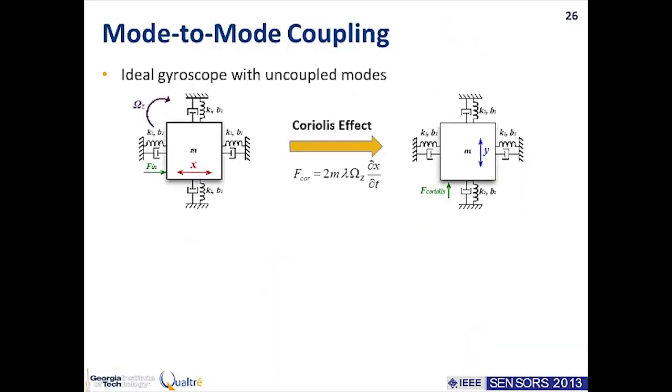Now, another source of error is what I define here as mode-to-mode coupling errors. So going back to our ideal gyroscope, we have our drive mode, in which when we apply a force, we get vibration, the acceleration, and then our sense mode, which is coupled to this original vibration only through the effect of Coriolis.